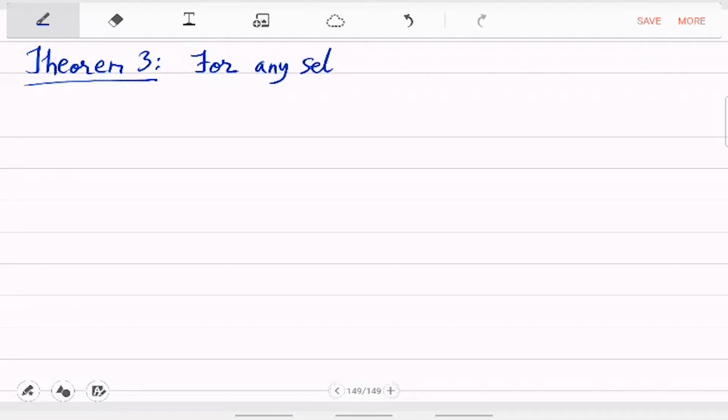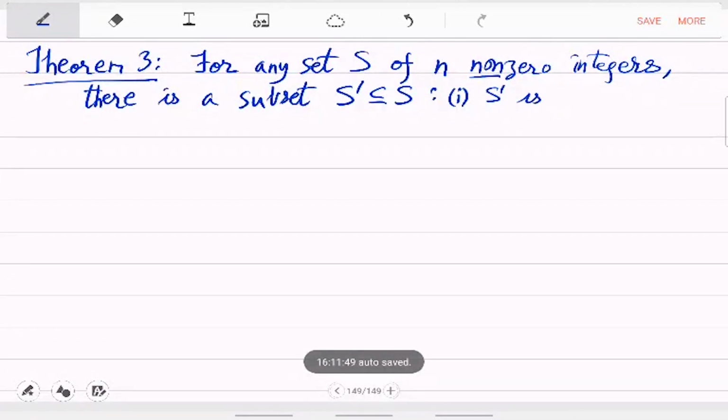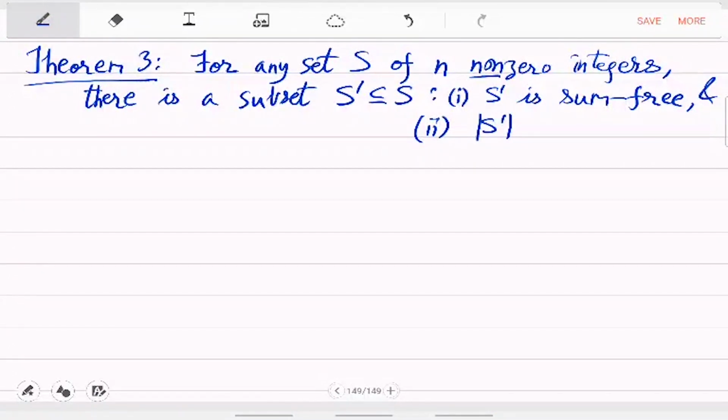For any set S of n non-zero integers, there exists a subset S prime of S that is sum free, and S prime is large.